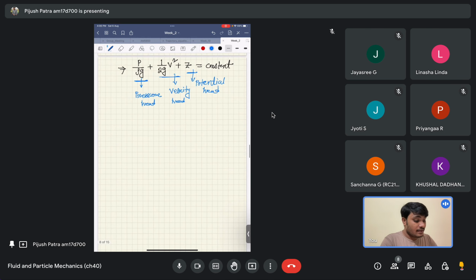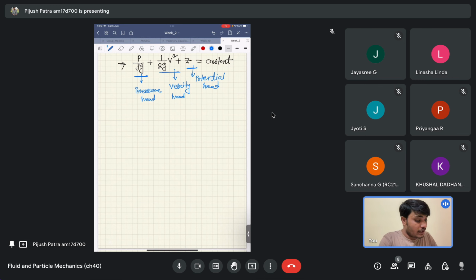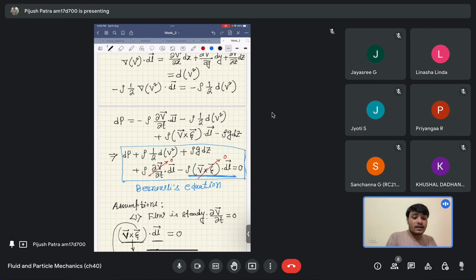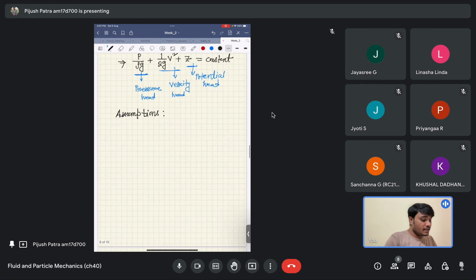So what are the assumptions? Let me write down all the assumptions once again, because this is important. The Bernoulli's equation which we are familiar with is a very simplified form, but we have to know the original equation, which is not that simple. So what are the assumptions?